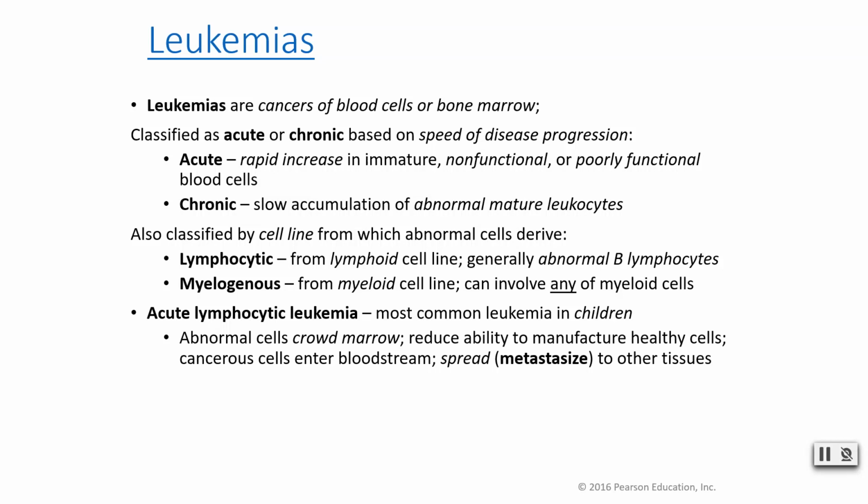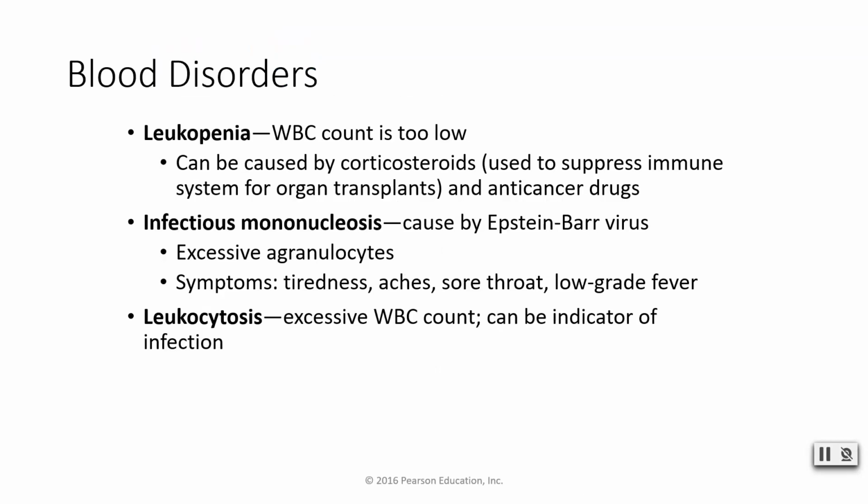And then we have acute lymphocytic leukemia, which is the most common in children, unfortunately. So your abnormal cells that are accumulating are crowding out your good marrow, and this reduces your ability to make healthy cells. Eventually those cancerous cells will enter the bloodstream and it'll spread to other tissues, and we know that as metastasis. So that one's extra nasty.